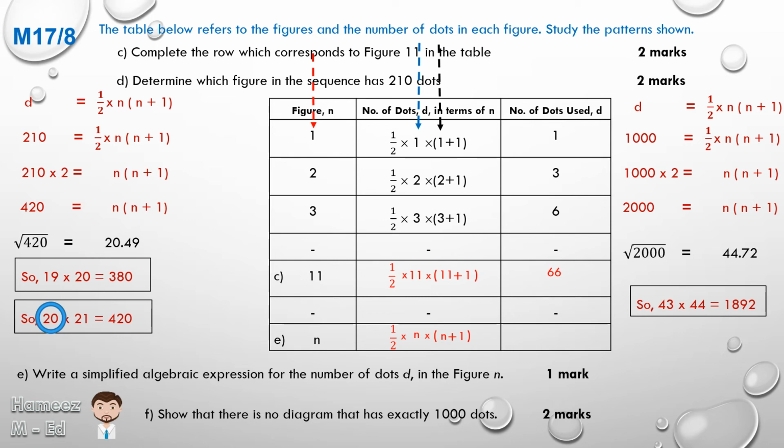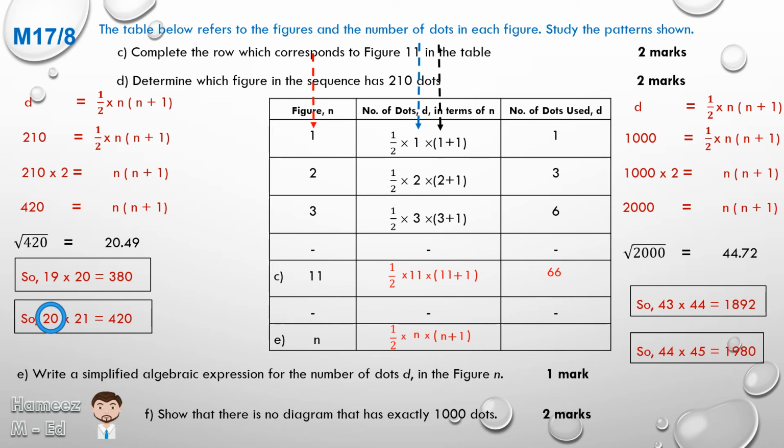Let's try n as 44. 44 times 45, the number after it, gives us 1980. So we're getting closer to 2000. What is this telling us? The 43rd figure, if we drew it, required 1892 dots, while the 44th figure required 1980 dots, so even more dots.